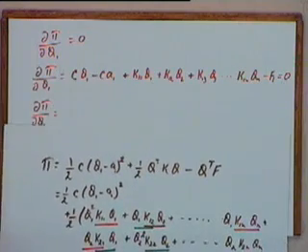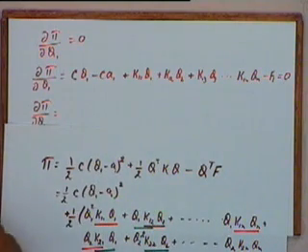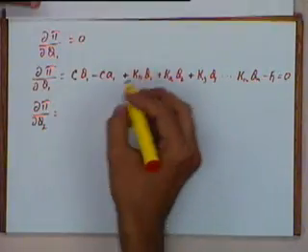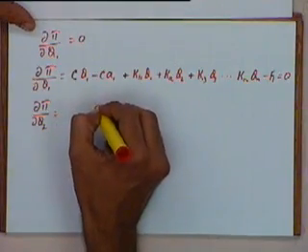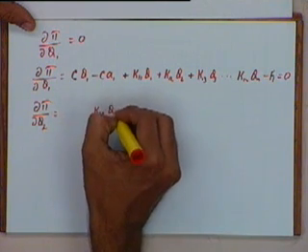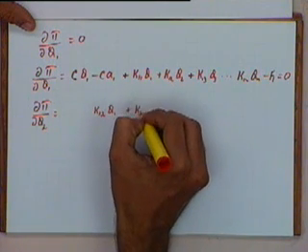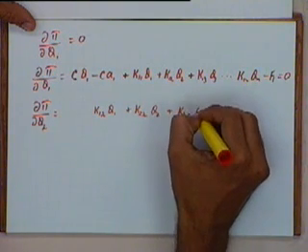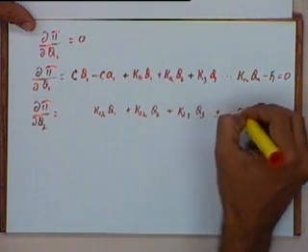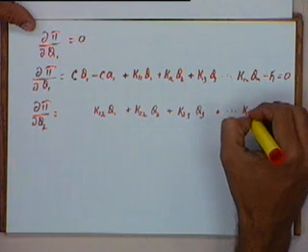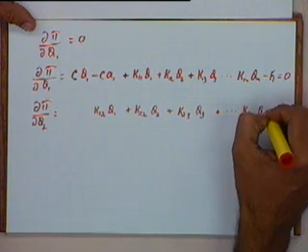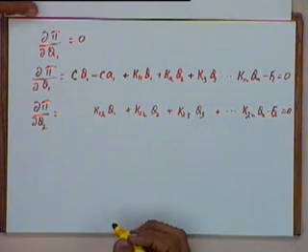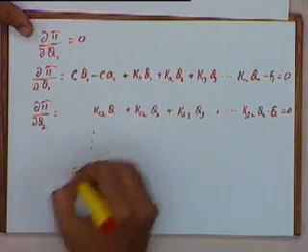And this is going to give me expressions like k12 q1 plus k22 q2 plus k23 q3 so on till k2n qn minus f2 is equal to 0, and so on.